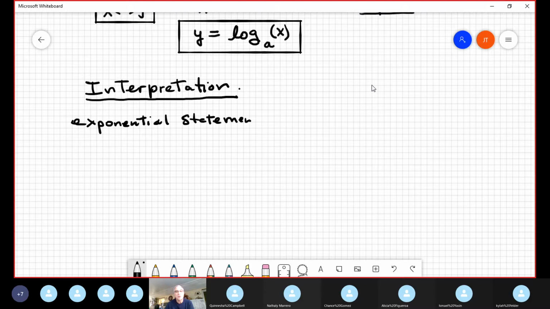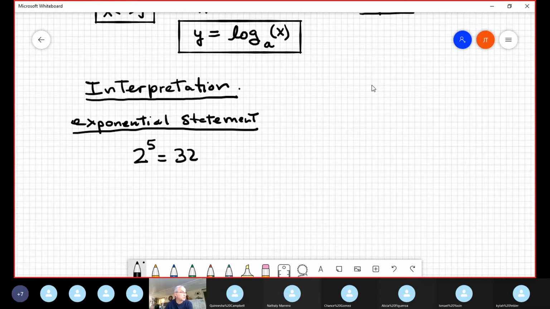You are very familiar with the exponential statement. Suppose 2 to the fifth power is equal to 32, because 2 times 2 times 2 times 2 times 2, 5 times, is 32. 2 times 2 is 4, 4 times 2 is 8, 8 times 2 is 16, 16 times 2 is 32. So this is clear.